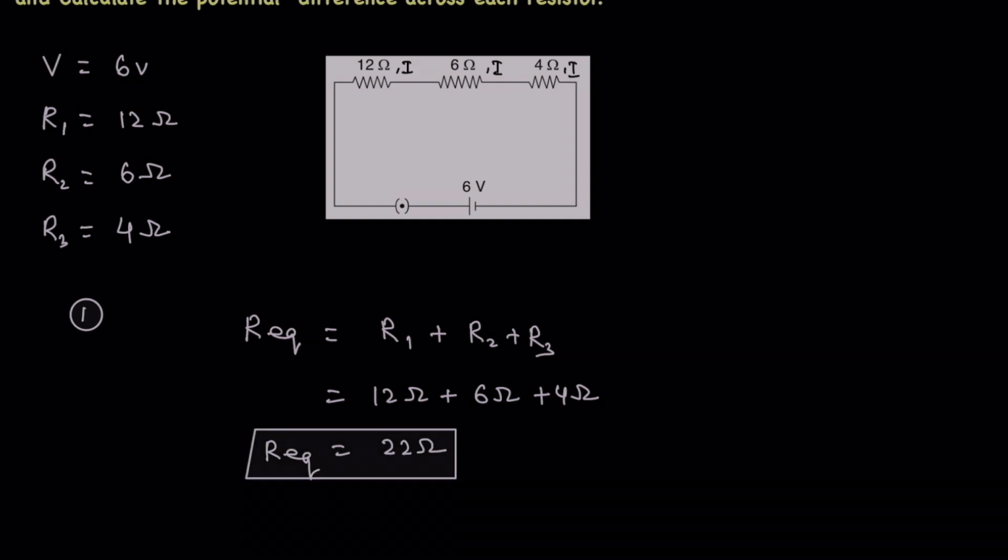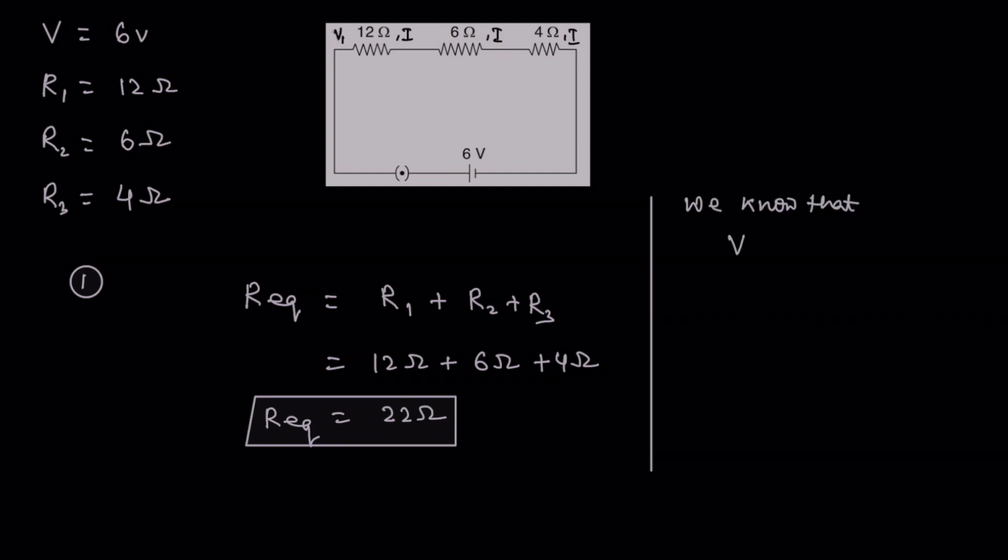In the second part, we need to find the potential difference of each resistor. So for doing it, we need to first find the value of the current. Why do we have to find the value of current first? Because here for the 12 ohm resistor, V1 is not known and current is also not known. So we can't use Ohm's law. So that's why first we find the current and then we apply Ohm's law.